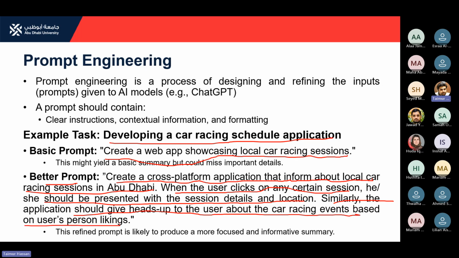So we want the application to give recommendations about racing sessions based on user interaction. For example, if the user is interested in car racing, bike racing, or boat racing, the application should give personal recommendations for an upcoming event related to the user's likings. So we want this recommendation system integrated in our application too.